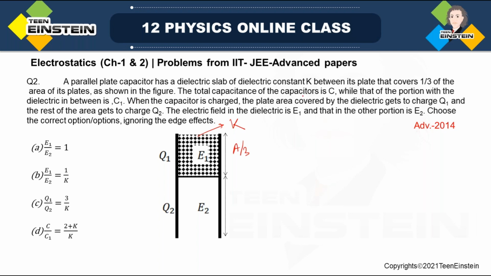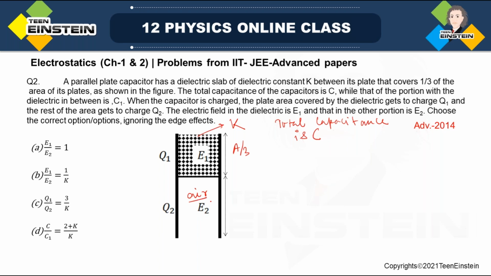The total capacitance of the capacitor is C. That means the part which is having dielectric material and the part which doesn't have any dielectric medium, it is air in between these two.